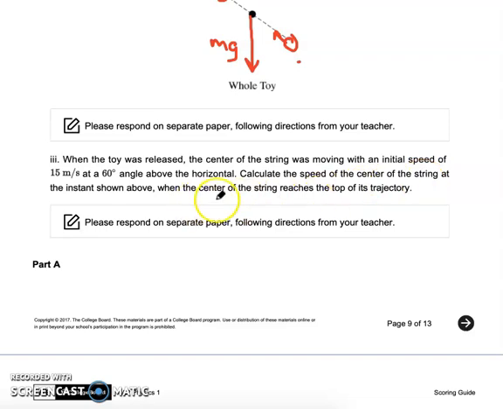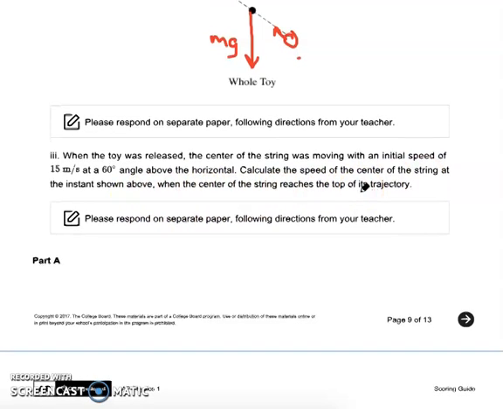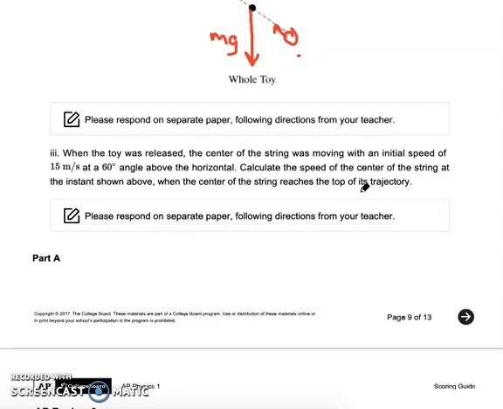Anyway, where do we want to calculate this? At the point where it reaches the top of its trajectory. What's the significance of reaching the top of its trajectory is that it's not moving vertically anymore. In other words, all its motion is still horizontal. So it's easy to say the velocity is zero, but it's not. It's always moving horizontally.